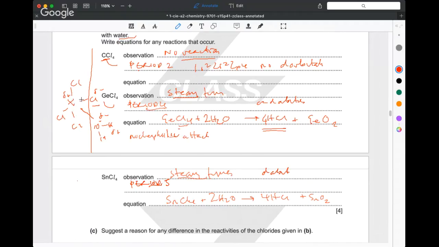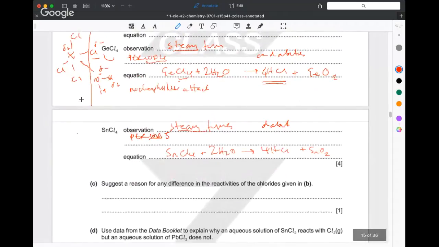And so the reason for the difference in reactivities is there are available d orbitals in germanium, which is period 4, and in tin, which is in period 5.